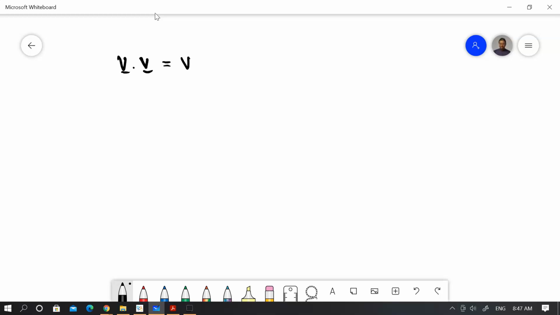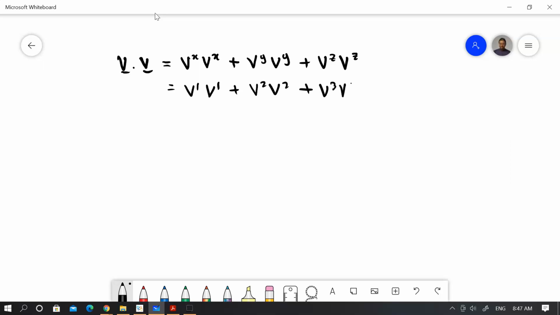So I'm going to be consistent here. I'm going to write Vx plus Vy plus Vz. This is your V1 plus V2 plus V3, right?